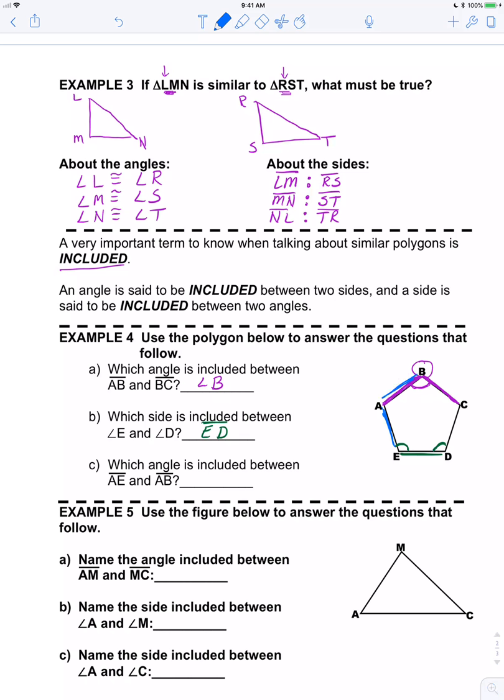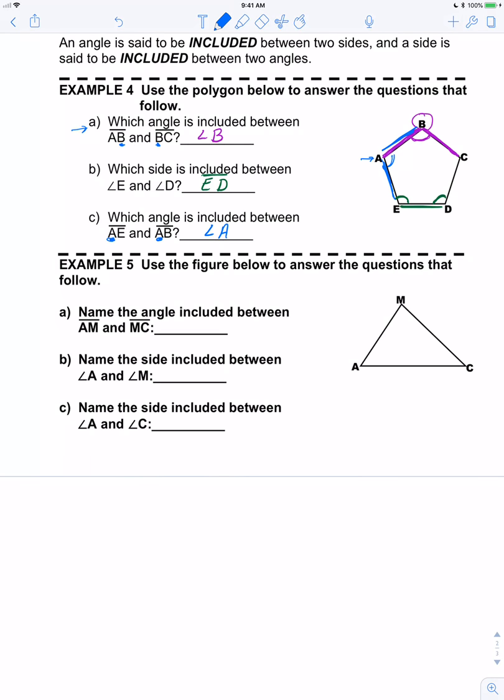So here's that AB again. Well, the angle that's included is angle A. So the one that touches both, whichever one they're talking about. And also notice on example A here, where we said it was between, what's between AB and BC? Well, what's the one letter that they both have in common is B. What's the one letter that they have in common down here is A, so that's going to be that angle. So that can also help you.